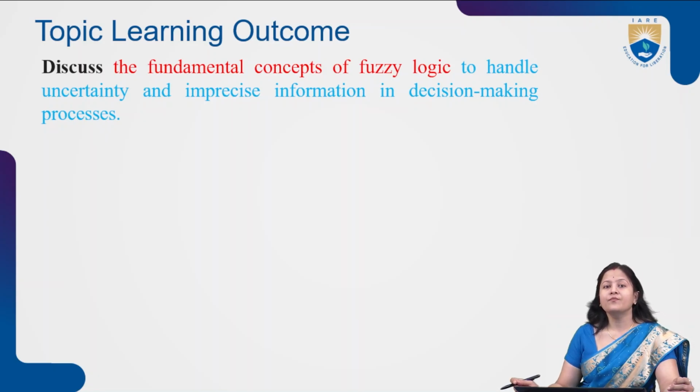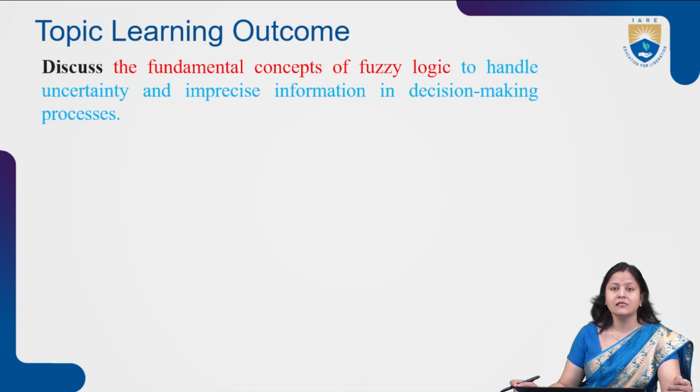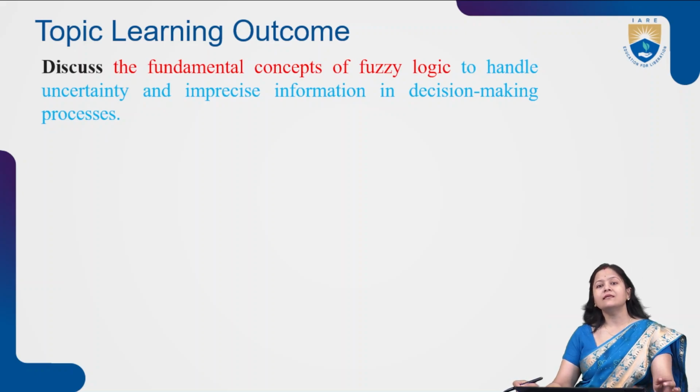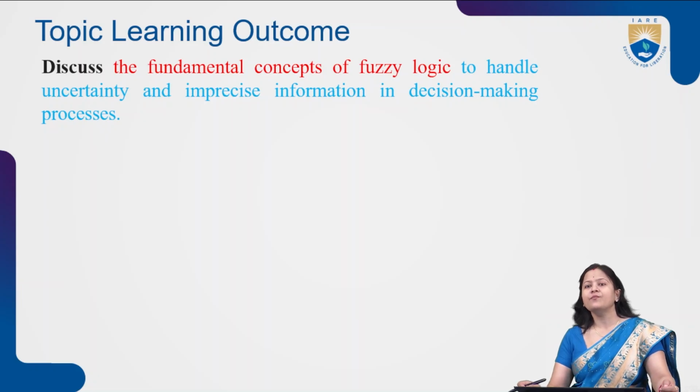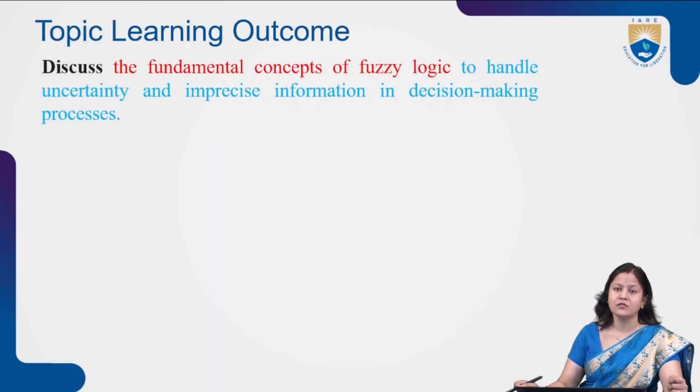This is the topic learning outcome for fuzzy logic control. After the completion of this topic, students can discuss the fundamental concepts of fuzzy logic to handle uncertainty and imprecise information in decision-making processes. Already I have discussed in my previous video what fuzzy logic is and how the crisp values are converted into fuzzy values.